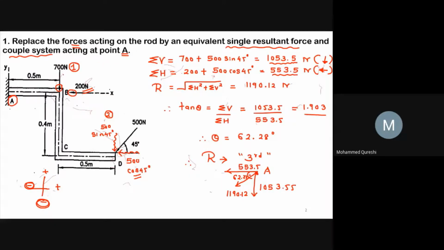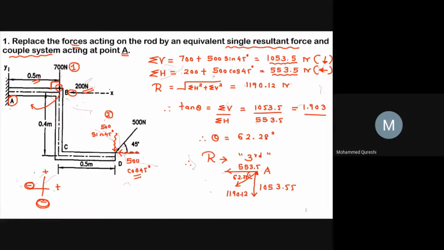This 700 force is making the perpendicular distance over here with respect to point A as 0.5 meter. So it will move towards point A in clockwise direction, hence it will be positive.